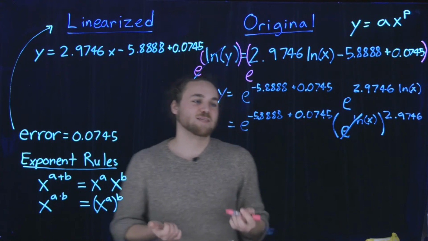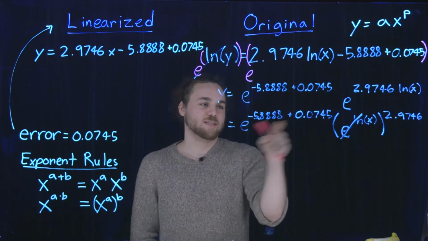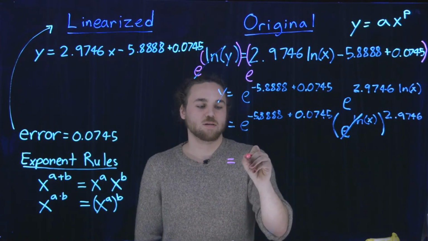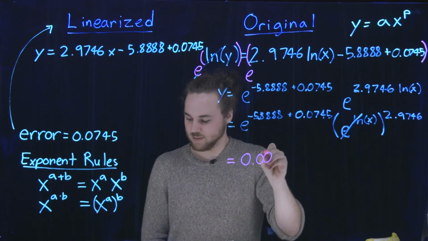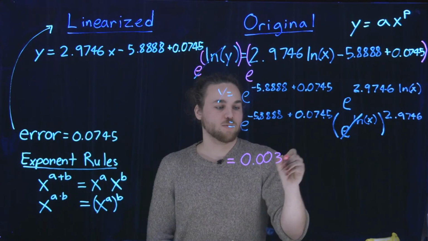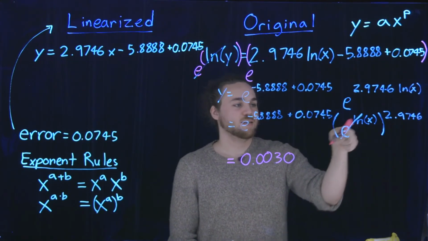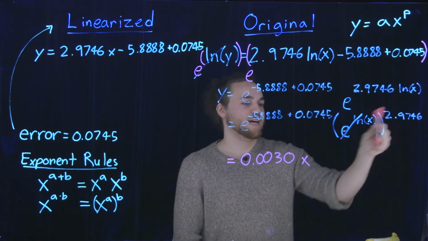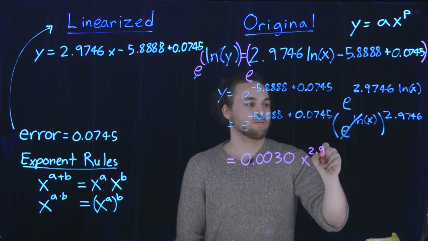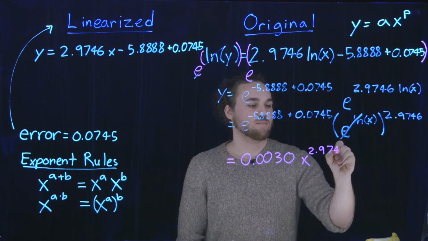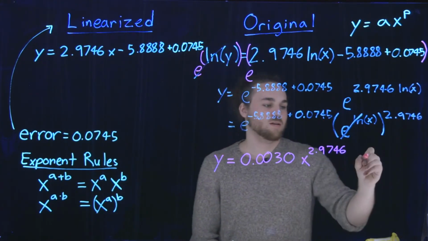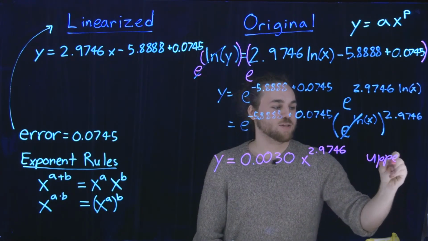So now we've gotten to this point again, where this exponent just becomes a number, which is 0.0030. And this e to the natural log of x cancels out again. We get x again. And this exponent stays the same. And that is our upper bounding function.